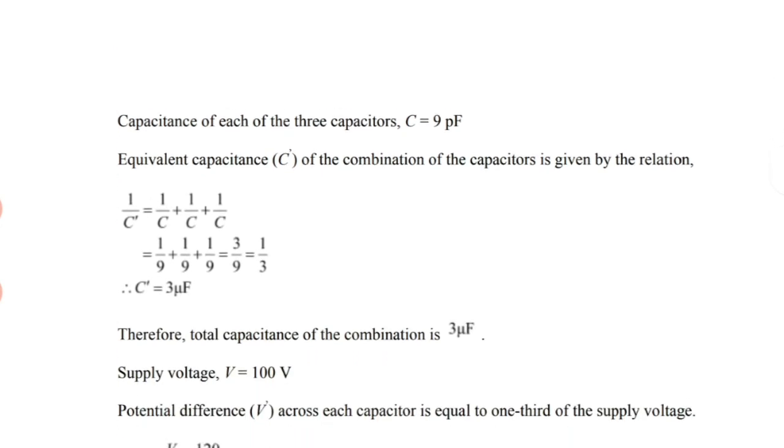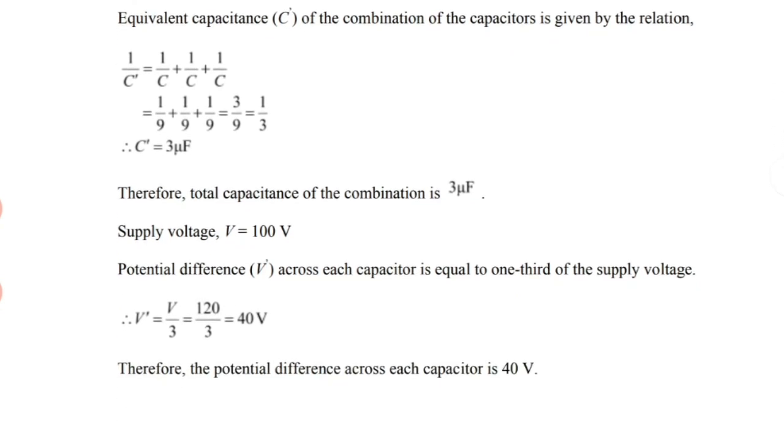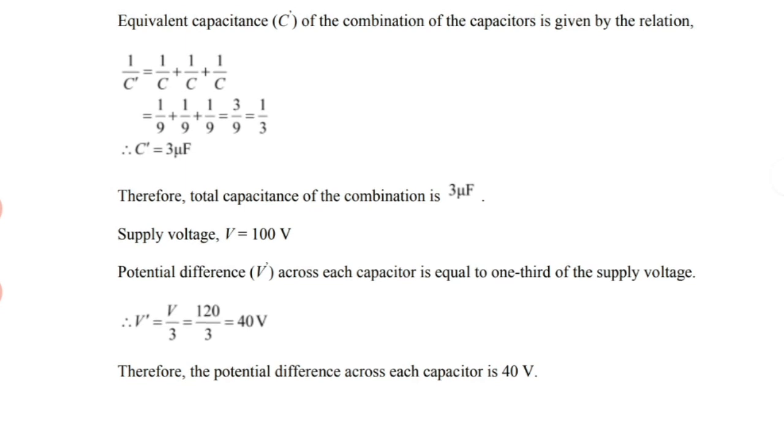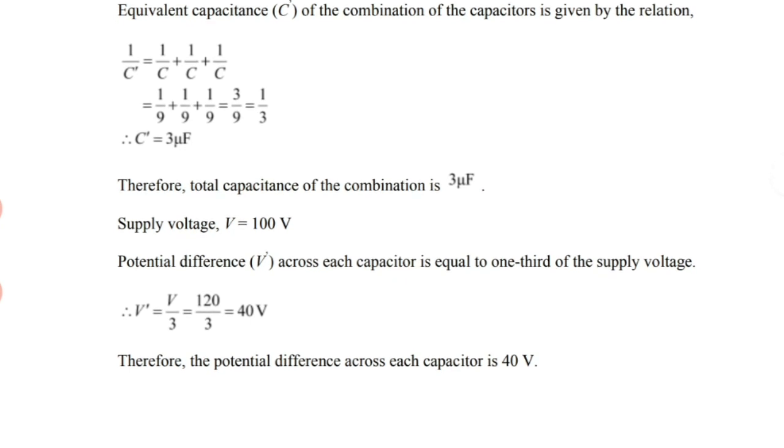The total potential difference is the sum of the potential difference across each one: V is equal to V1 plus V2 plus V3. Since each capacitor has the same capacitance, the potential difference will be divided equally among the three. So 120 volt applied means each capacitor will have a potential difference of 120 by 3, that is 40 volt.